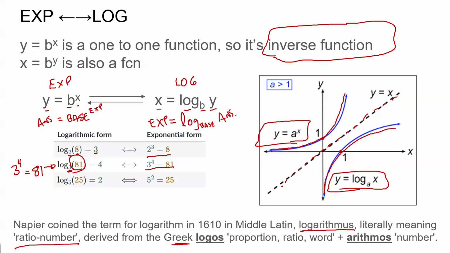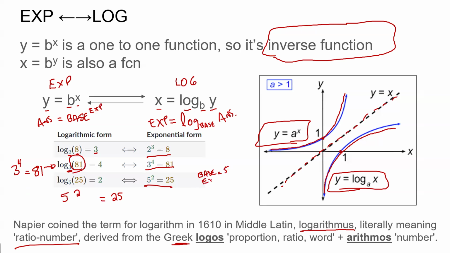If I take this one, the base is 5, the exponent is 2, and when I do 5 squared, the answer is 25. All right. If I take this exponential function right there, there's a 5 squared. So my base is 5.